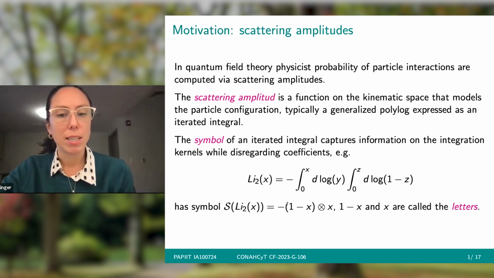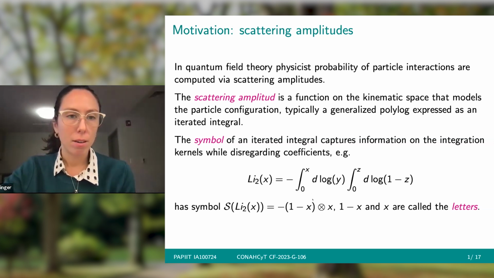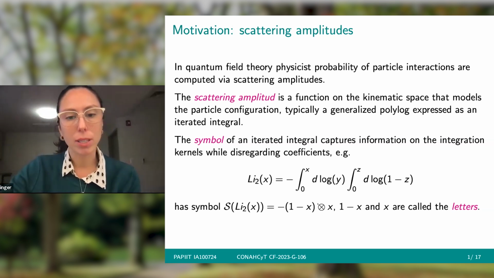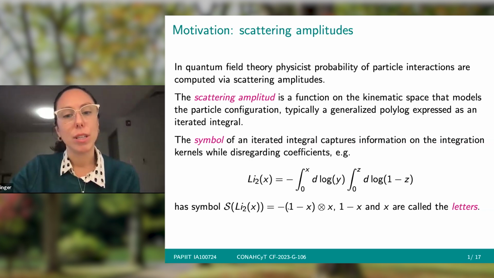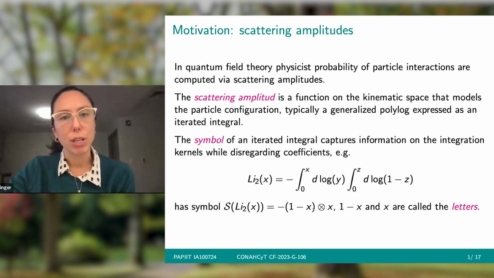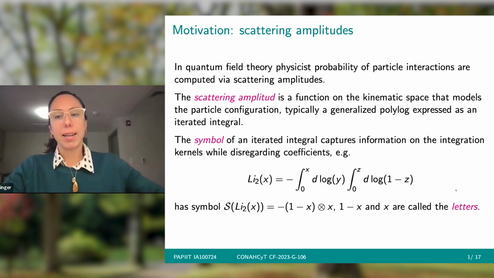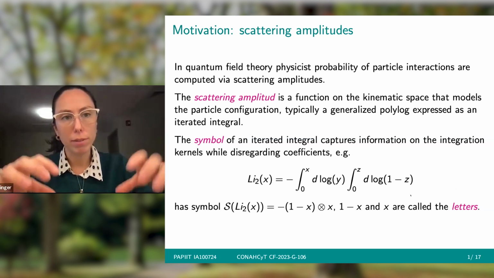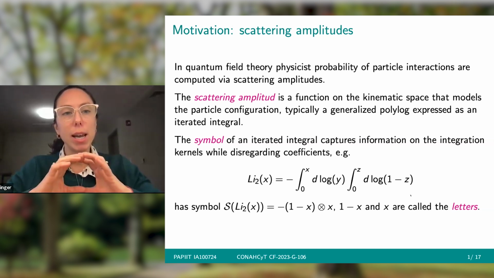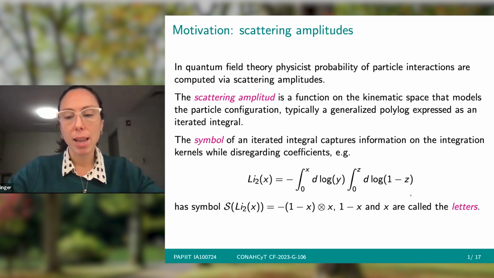Its symbol is written as a tensor product here, but you might as well think about it as a set of letters. The elements appearing here are called letters. This is one way to capture part of the information of the scattering amplitude in a more compact way.